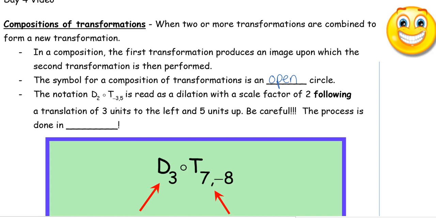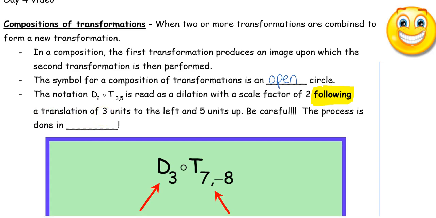From there, I translate. So you're going to have two movements. We've got a composition of these transformations, two different things I'm going to do. To read this, it's read a dilation of a scale factor 2 following, this is the key word, following a translation of 3 units left and 5 units up.